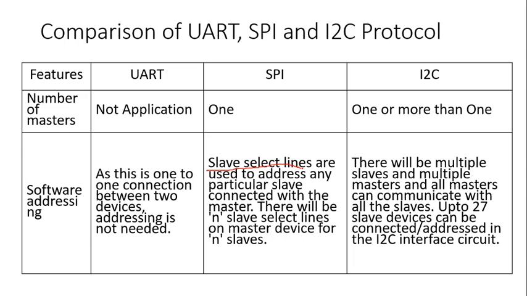So there will be n slave select lines on the master device for n slaves. And finally the I2C, there will be multiple slaves and multiple masters, and all masters can communicate with all the slaves. Up to 127 slave devices can be connected or addressed in the I2C interface circuit.